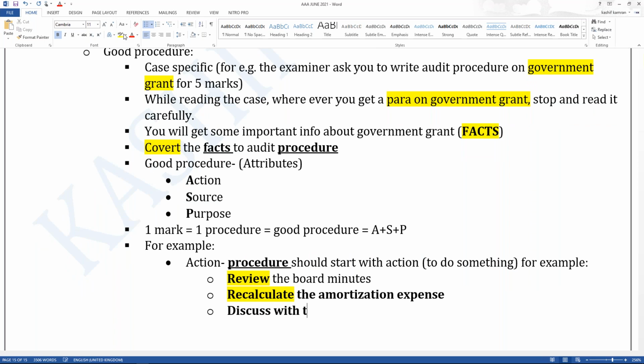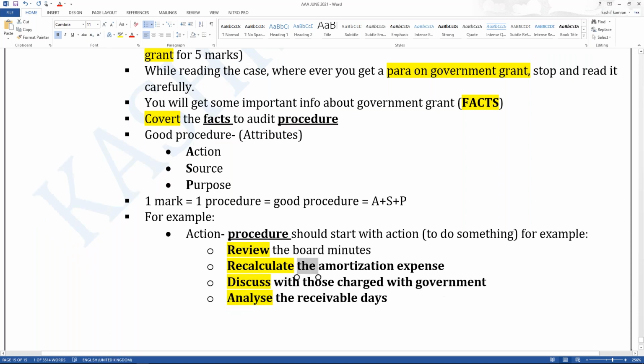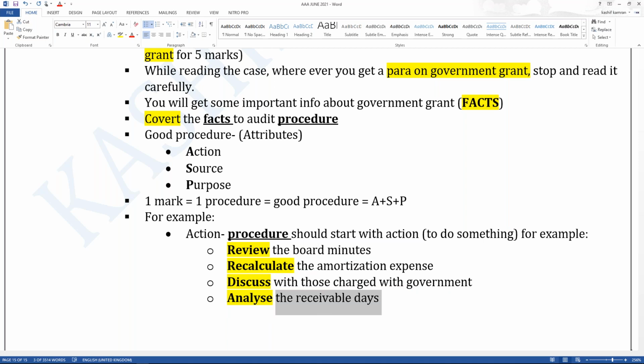Discuss with those charged with governance, or discuss with management. Have I started my procedure with discuss? Discuss is an action. So whenever you are writing a procedure, you need to start with an action. Or I write my procedure: analyze the receivable days. Analyze is an action. So are you all getting the sense? You need to start it with an action. Action means you're doing something.